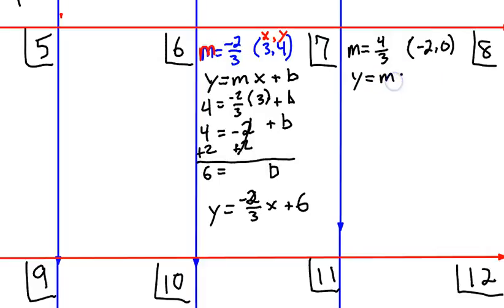Label x above negative 2, y above 0, so we put everything in the right place. Then 0 equals 4/3 times negative 2, plus b.